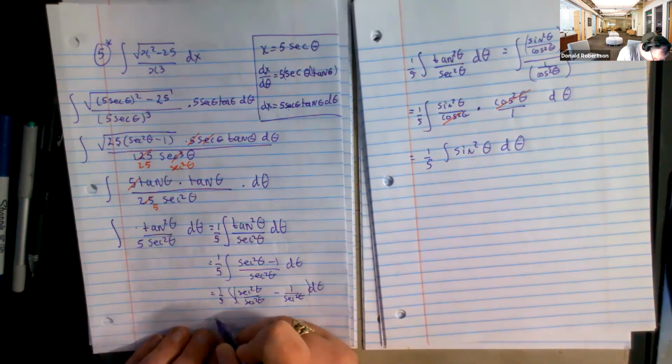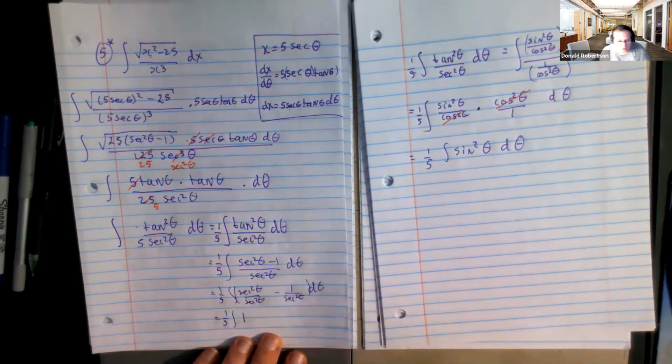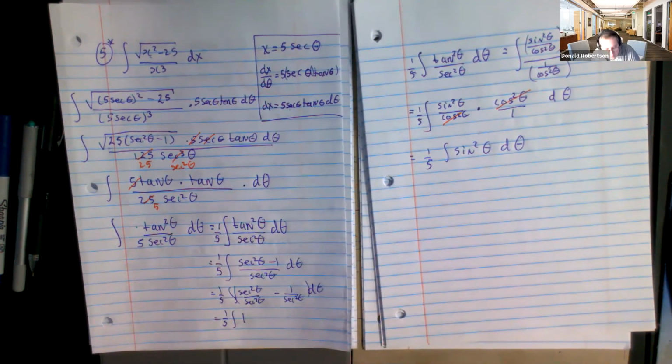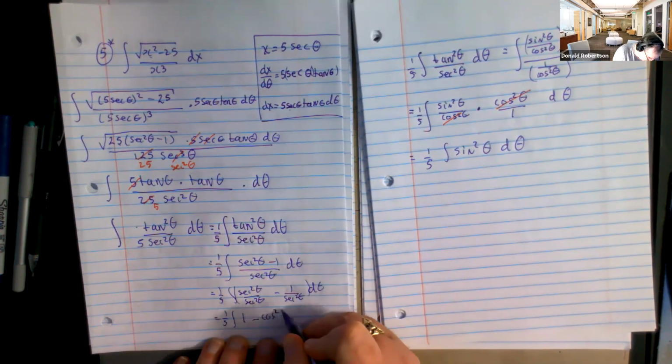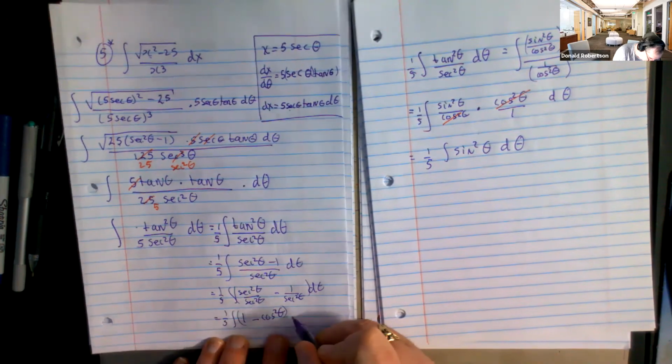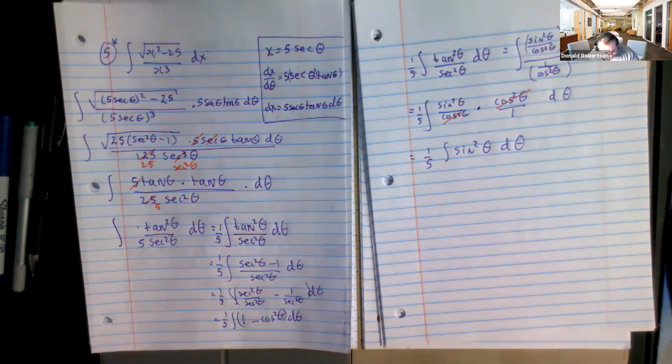But isn't a secant over itself just 1? And isn't 1 over a secant a cosine? So 1 over a secant squared is a cosine squared. And do you know what 1 minus cos squared is? Sine squared. You see, that was a totally different route to the same destination.